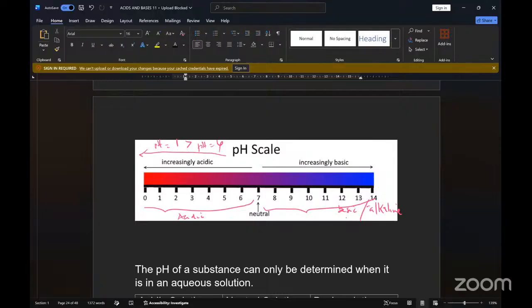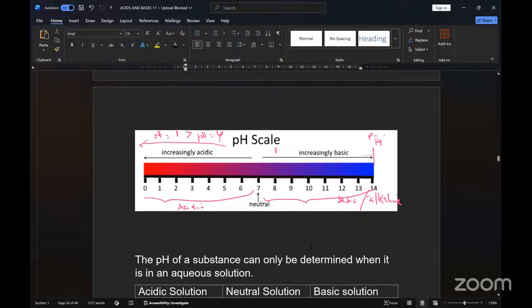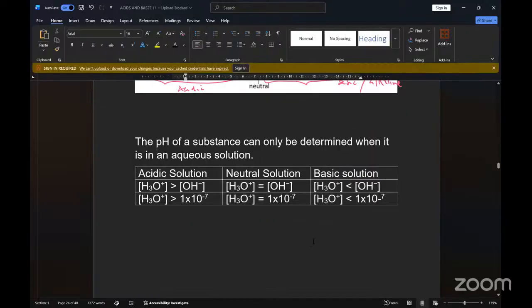However, when you're dealing with the basic part, the alkaline part, the level of alkalinity increases with increasing pH value. In other words, 14 is very alkaline, but 8 is less alkaline. So basically, this is what we are going to talk about. And then you have this diagram there.